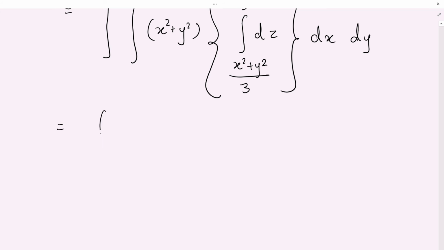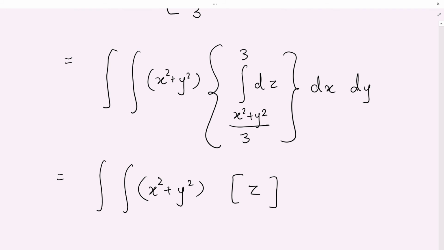Okay, so double integration of x square plus y square, that will be z. The limits are what? 3 and x square plus y square by 3.